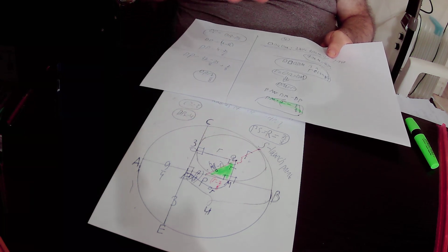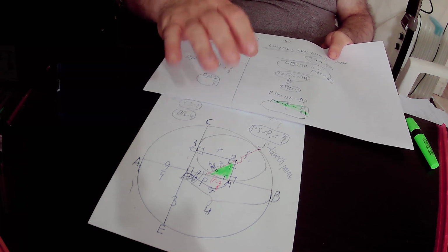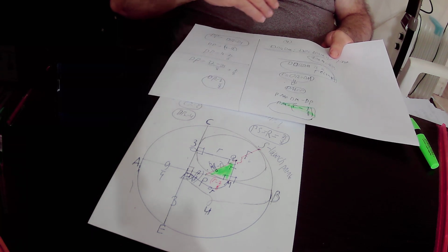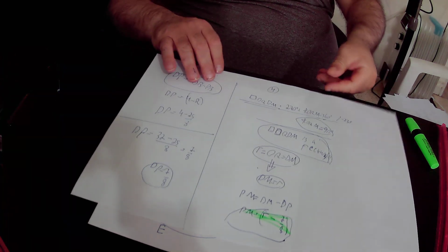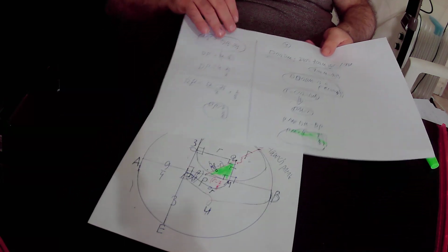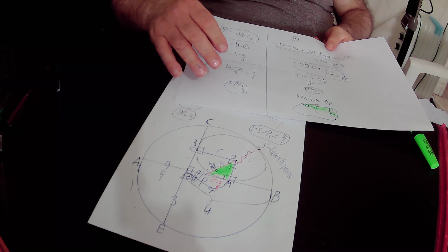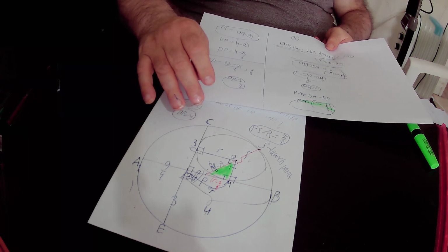Therefore, in quadrilateral OQDM, we have 4 right angles. Any quadrilateral that has 4 right angles must be at least a rectangle. So we define quadrilateral OQDM as a rectangle. But we know that in a rectangle, the opposite sides are equal to each other.